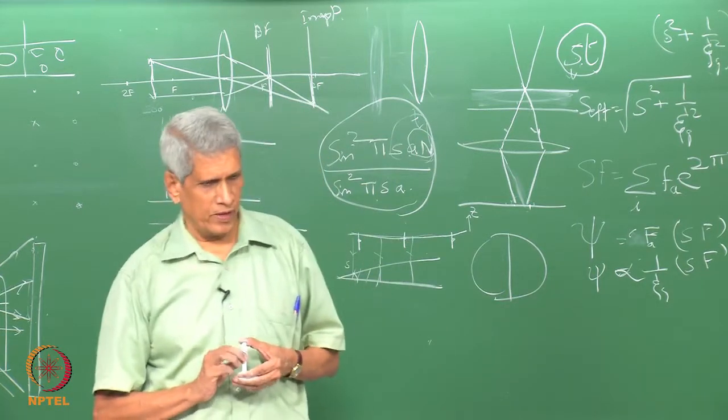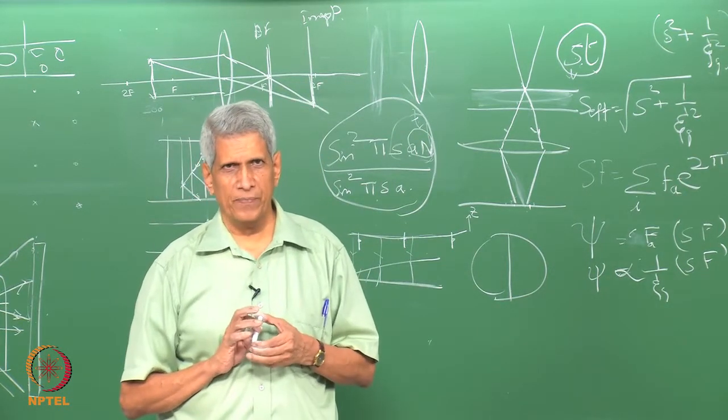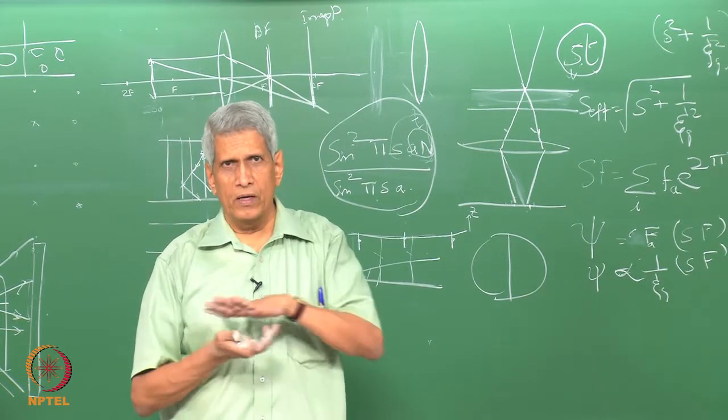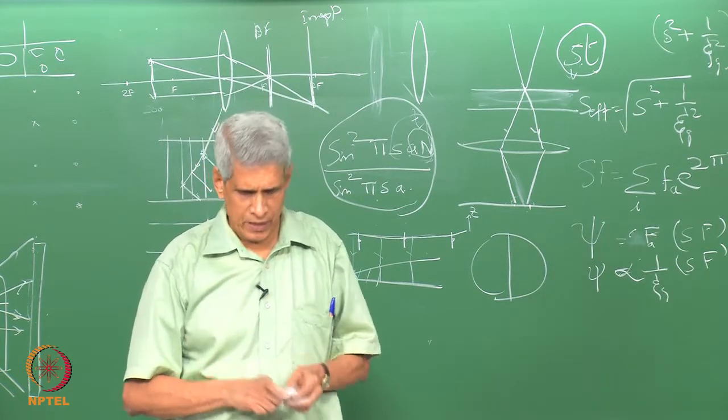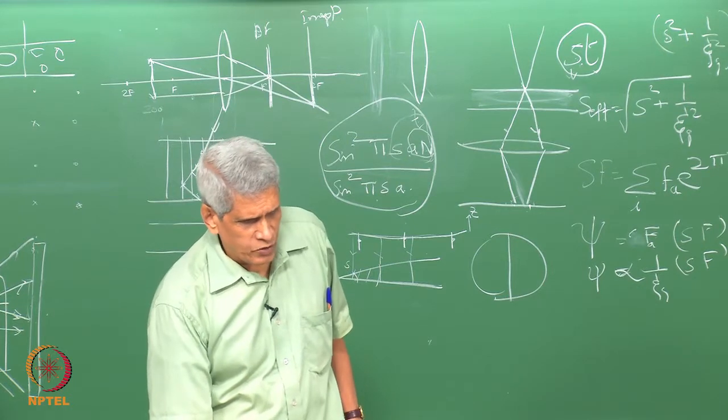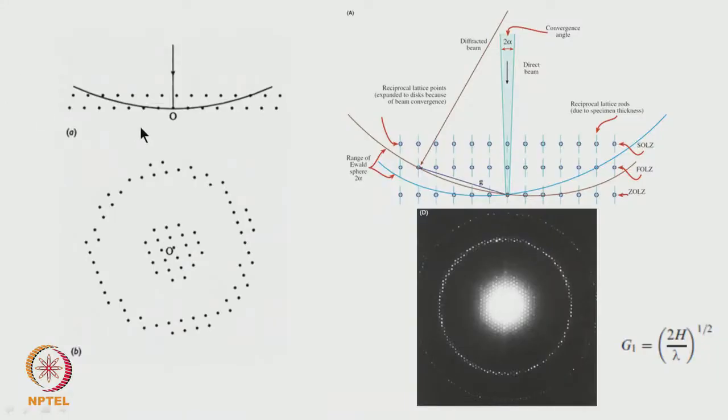Now, another effect which can happen is that whenever a beam enters onto the sample, okay, the Ewald sphere, whichever spots it cuts, those are the only spots which will be seen as a diffraction pattern. Correct? Okay.